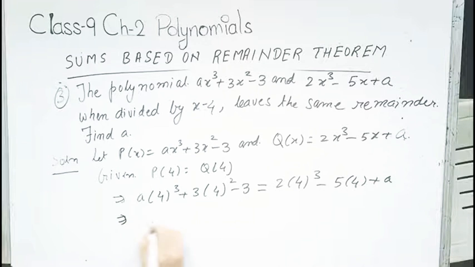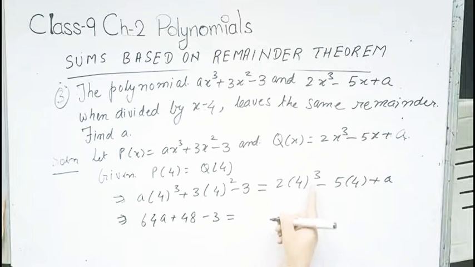This implies 4 fours are 16, 16 fours are 64. 64a plus 48 minus 3 equals 64 twos are 128 minus 20 plus a.